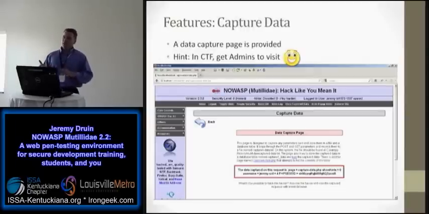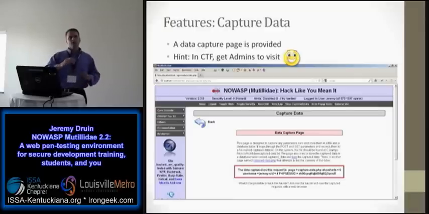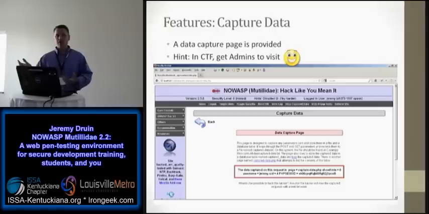There's some capture the flag type items already added into Mutillidae. Where this came from is I had noticed that some of the other tools were using one system to have the vulnerabilities, and then they would have to set up a second website that would be the capture website, where you would try to redirect an administrator to capture their credentials or hijack their session.